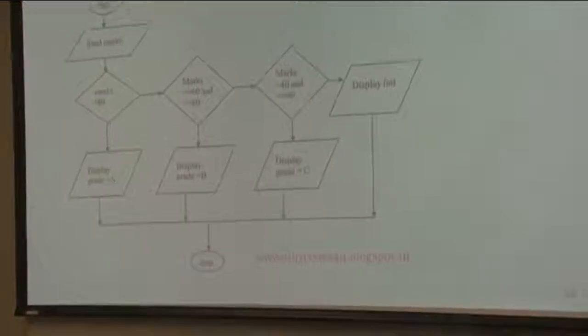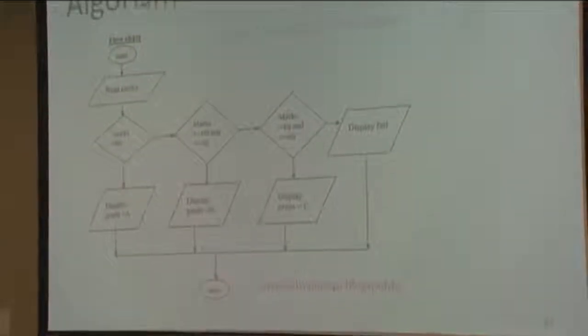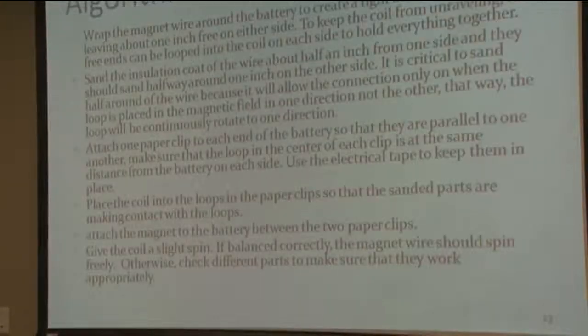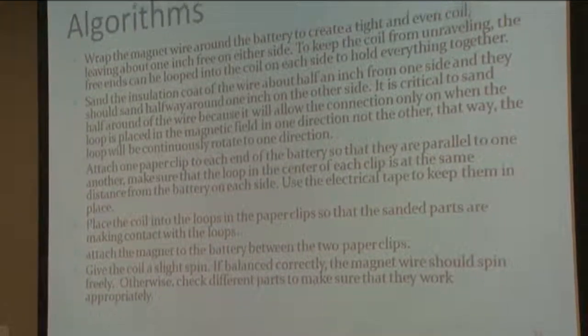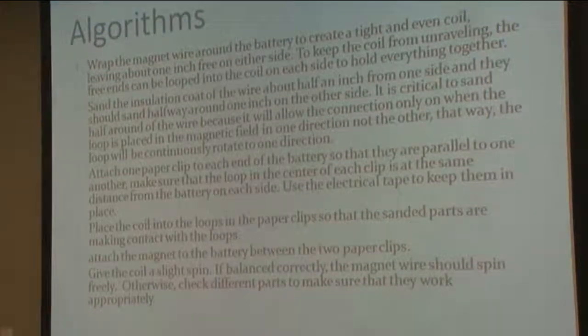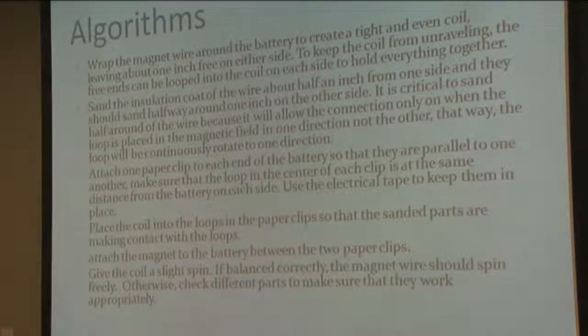And this is a flowchart, which we also consider an algorithm. This is a particular one we wrote for making a simple motor. Again, there are decisions that they need to make during the process to check different points, and all these are steps.